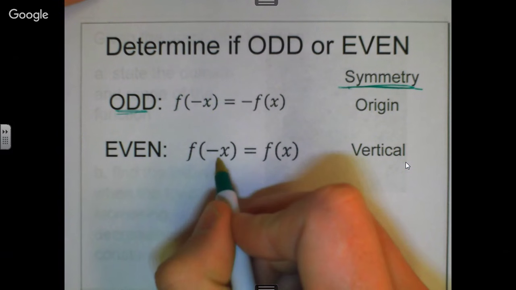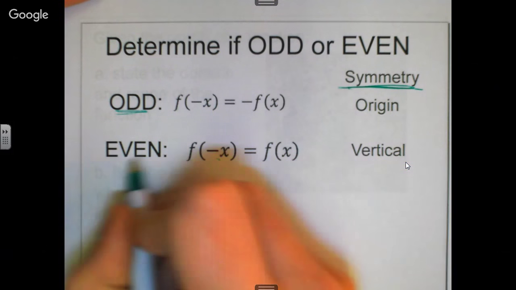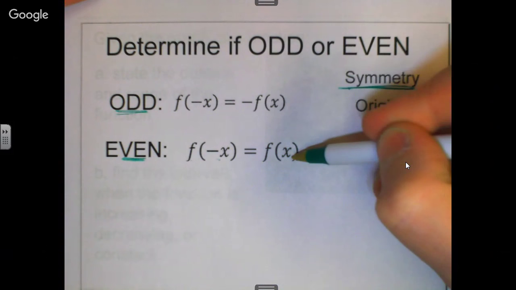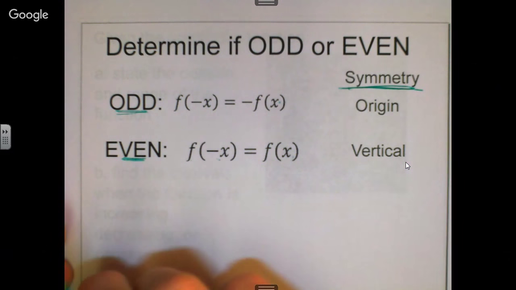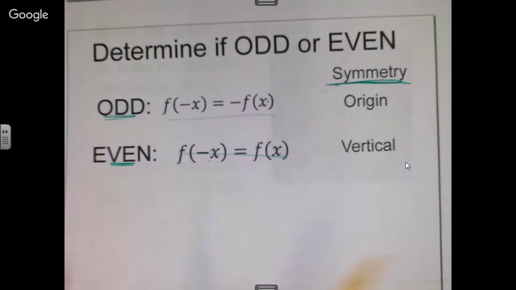If I plug in negative x and I get back the original function, it's even. If neither of these, if I don't get the same or everything opposite, it's neither odd nor even. Make sure we've got these formulas down.